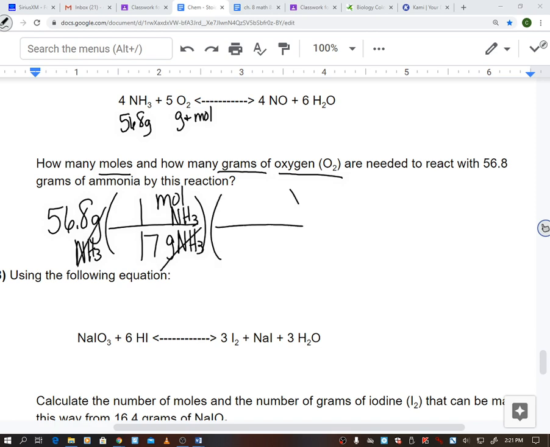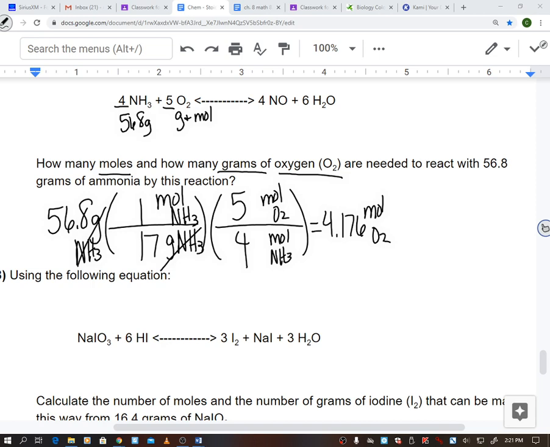So let's do our mole to mole. Moles of NH3 on bottom so we can cancel out through division. I want oxygen. There are 5 moles of oxygen and NH3 is 4. Once again, I'm getting this from my equation. This will give me moles of oxygen. So 56.8 divided by 17 times 5 divided by 4 is 4.176 moles of O2.